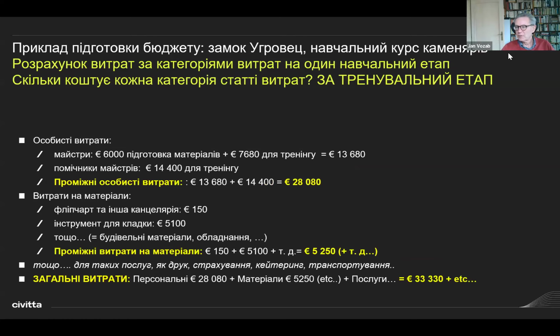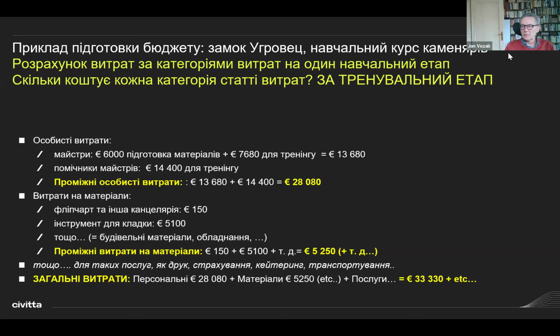And as soon as you do this, you calculate the expenditures for all the categories, and you put the categories together in much broader categories, meaning that you calculate all the personal costs per type of person who will be participating in the project.